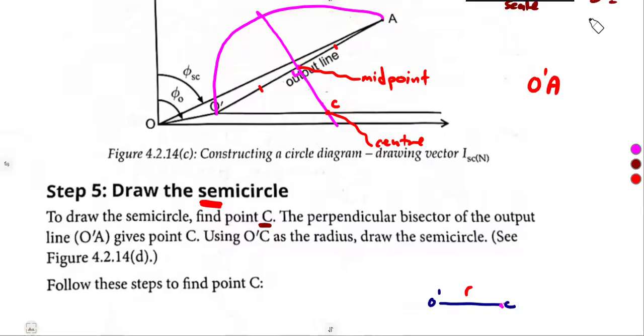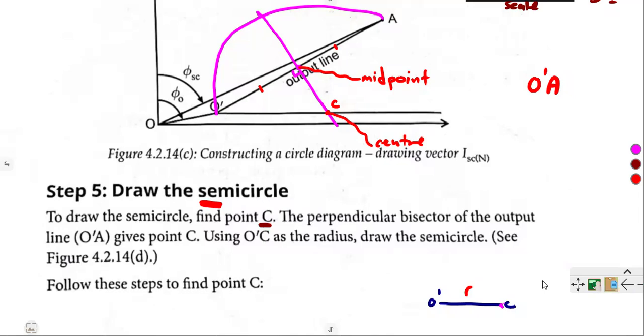So in this case, we are going to consider, as a continuation, working with the construction and also interpretation of a circle diagram. We managed to work with the basics from the previous class that we had.